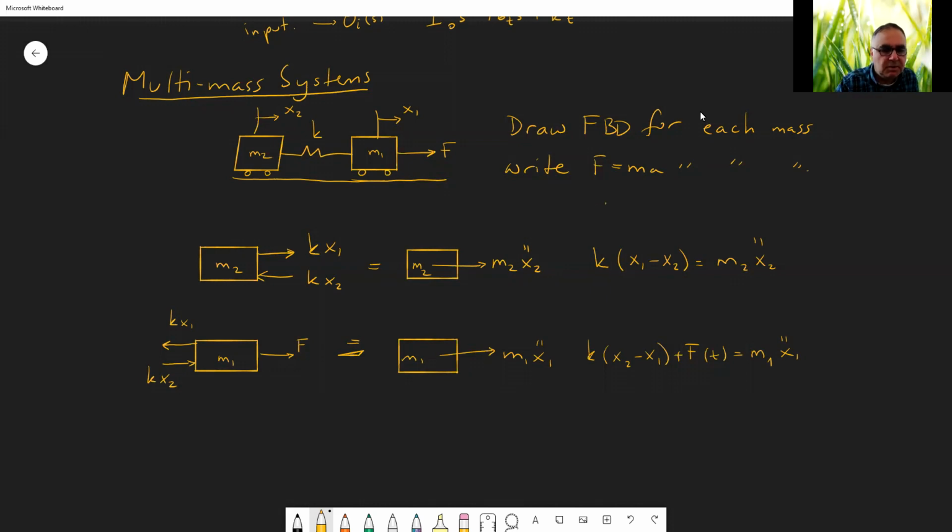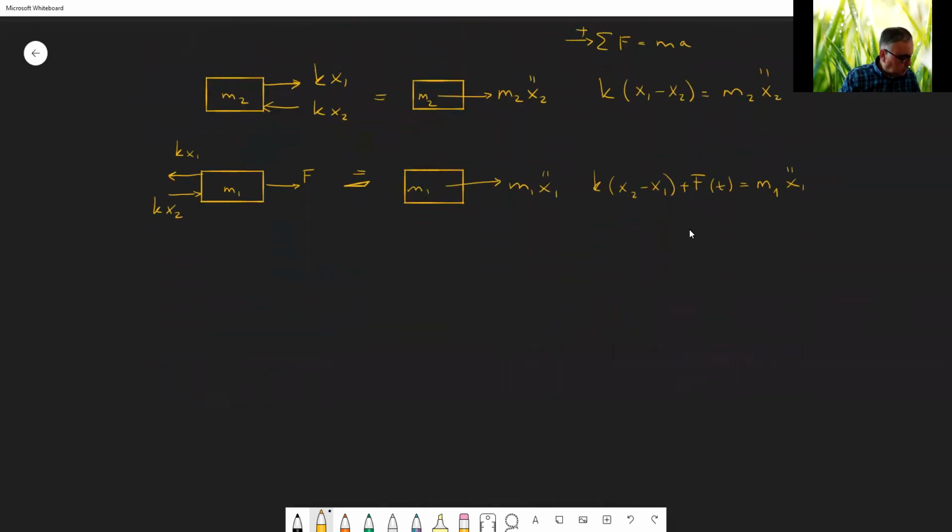Here we are summing up forces in the positive direction like this. So we have two equations for M1 and M2.